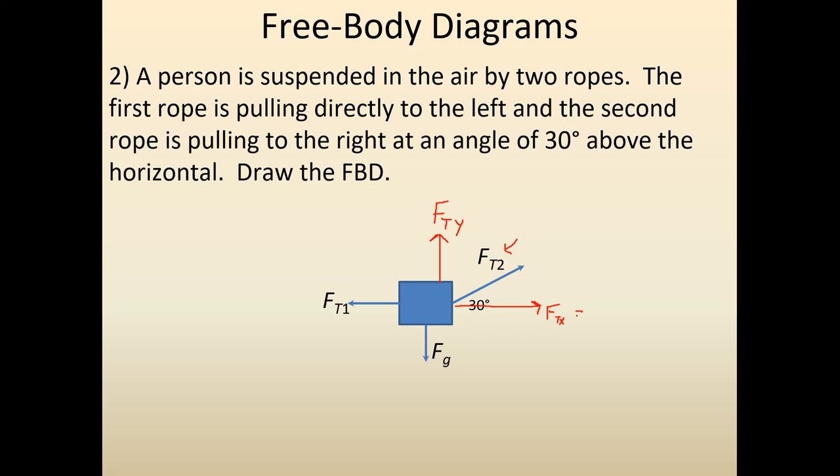Then I have to also remember that I might be given this value and I might be given this angle. So I need to remember my equations for how to find the components. Well, the x component would just be FT cosine theta, and this would end up being FT sine theta.